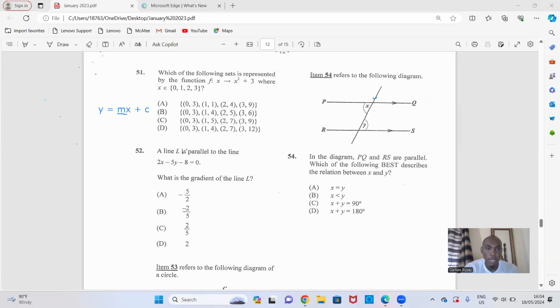So it says a line L is parallel to the line 2x minus 5y minus 8 equals 0. What I'm going to do is try and write this in this form first. So I'm going to write the negative 5y first because I want to have the y on one side. I think I can type that. Let me just erase this and type it.